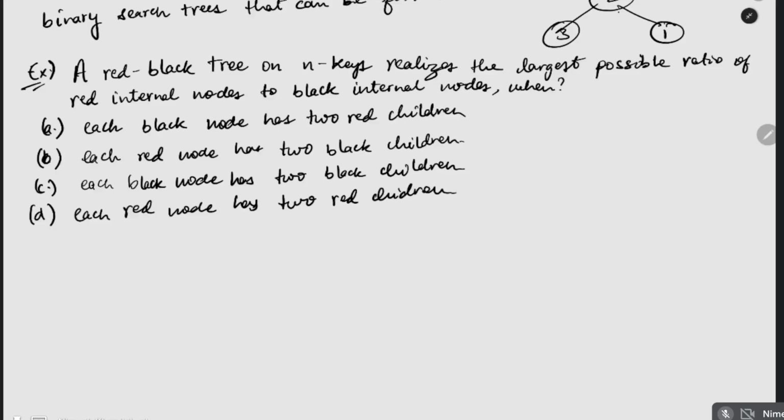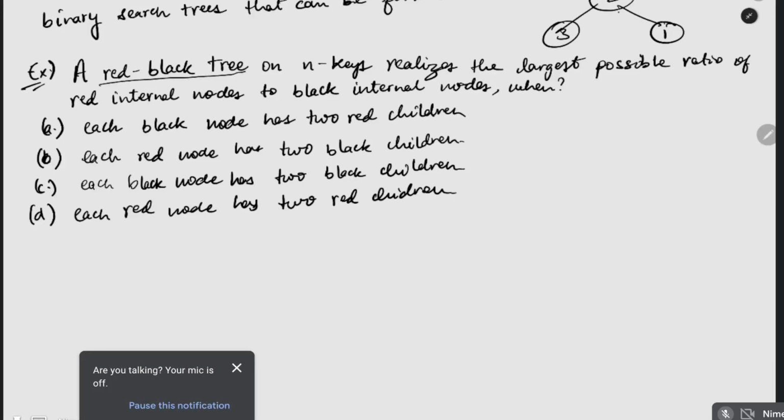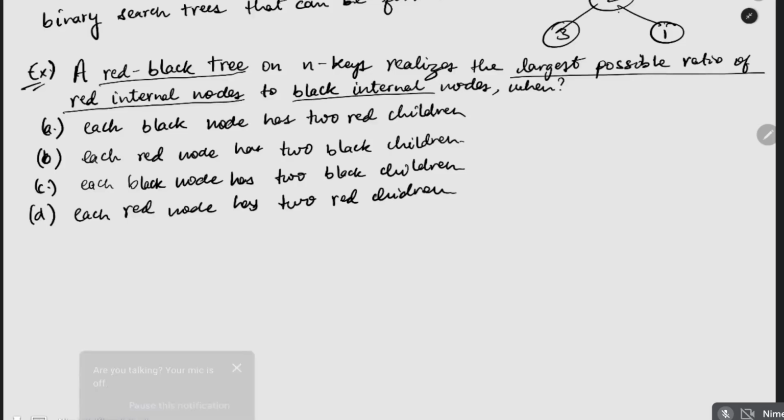So we want to make a valid red-black tree that has the largest possible ratio of red internal nodes to black internal nodes, right? So first of all, C and D are not even valid red-black trees, because for red-black trees the red nodes should have a black parent, and both the options violate that.